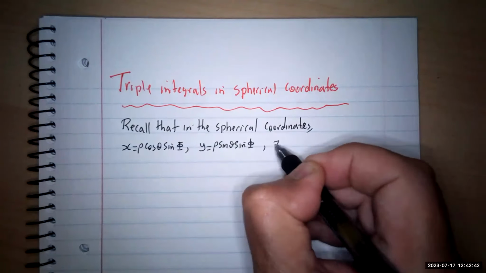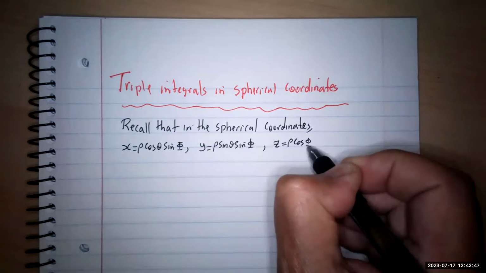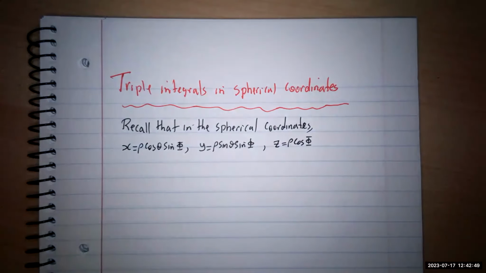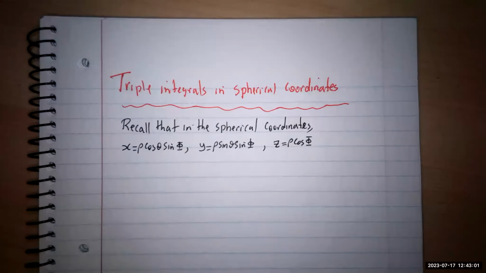And z is equal to rho cosine phi, because we need them. Now we have a region in xyz, we change it to rho, theta, phi. So this is it.